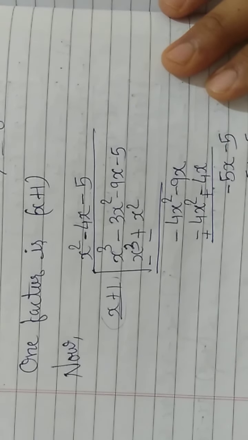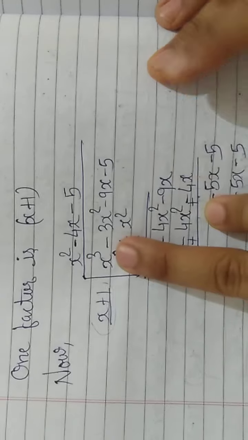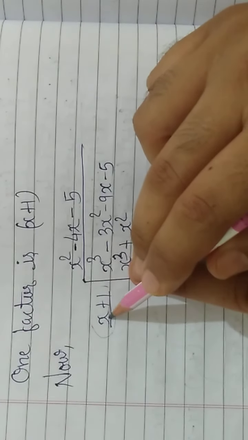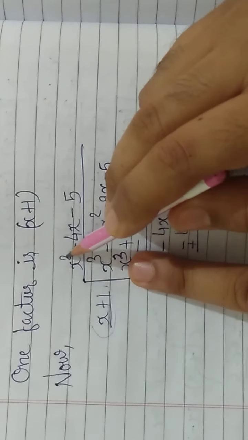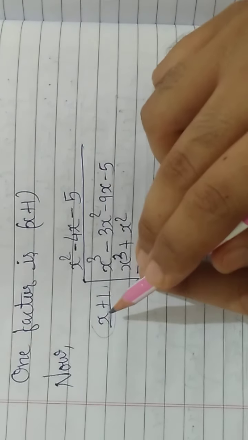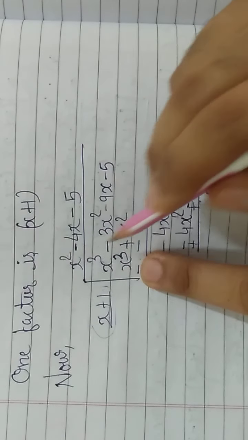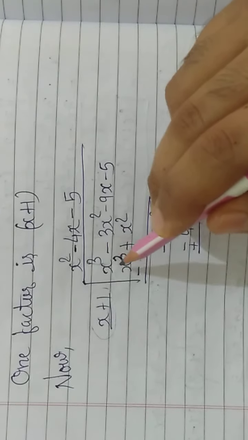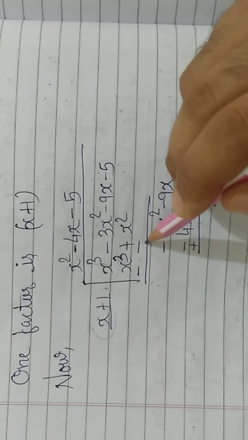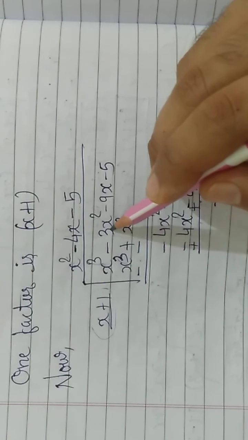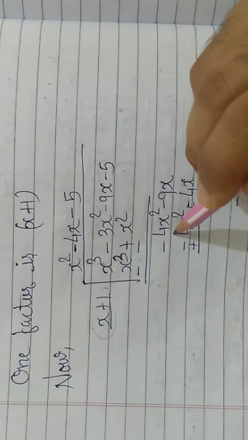Here x cube is there, so to get x cube we multiply x by x square, so x cube. Okay friends, and 1 multiplied by x square gives x square. Now subtract these two, so the signs change, x cube cancels, minus 3x square minus x square gives minus 4x square.